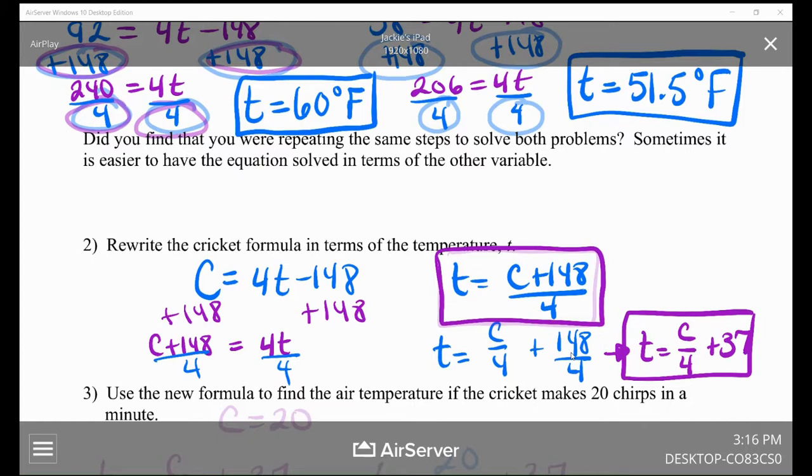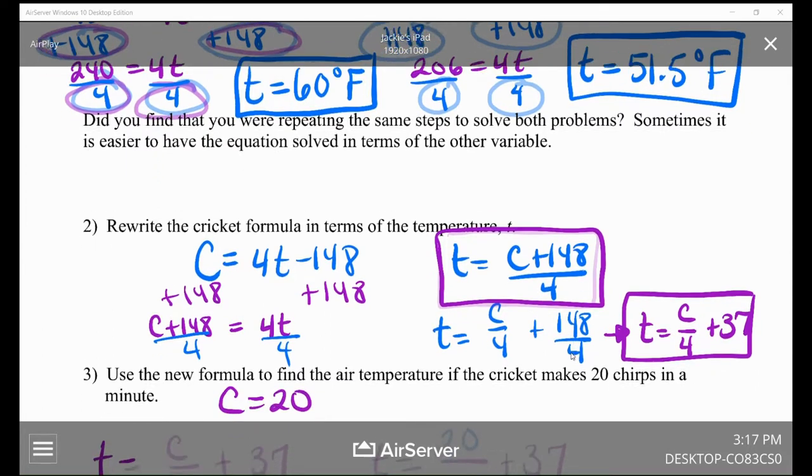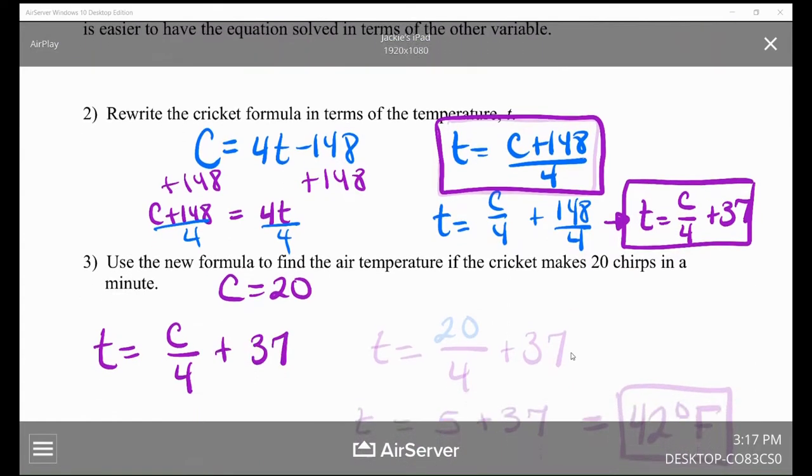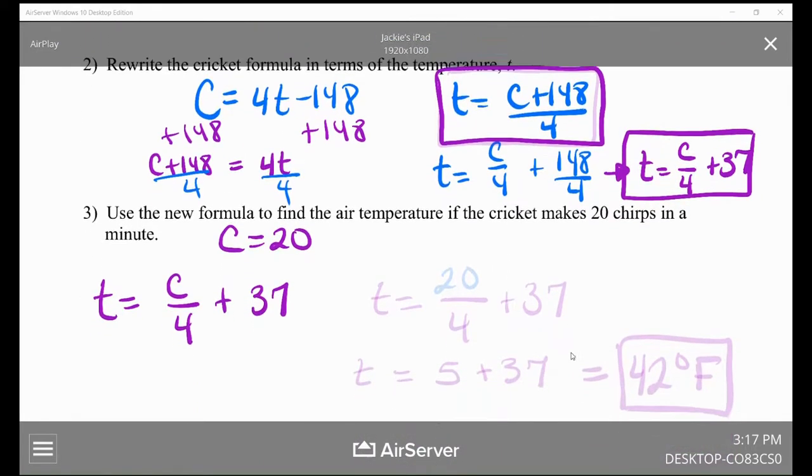So let's give that a try. We want to use our new formula to find the air temperature if the cricket makes 20 chirps in a minute. So when C equals 20. The new formula is T equals C divided by 4 plus 37. Or again, you could use T equals C plus 148, all divided by 4.